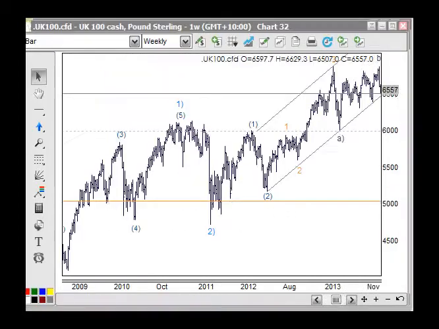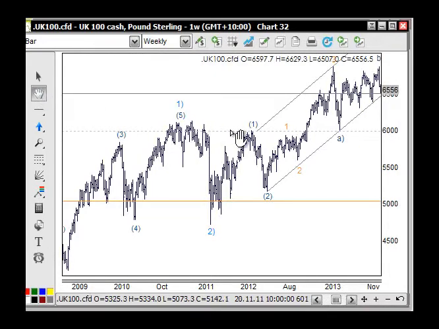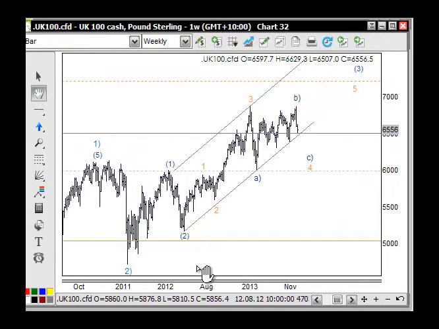The FTSE has a slightly different pattern here, and on the daily, yes, it is moving up, but it never made new highs above here like the other markets have done. So it's taken the count from wave 2 here. We've got wave 1, wave 2, nice 5 waves here for wave 3.